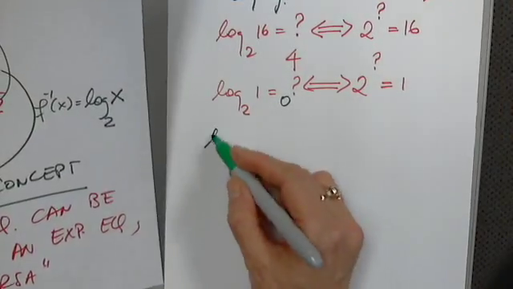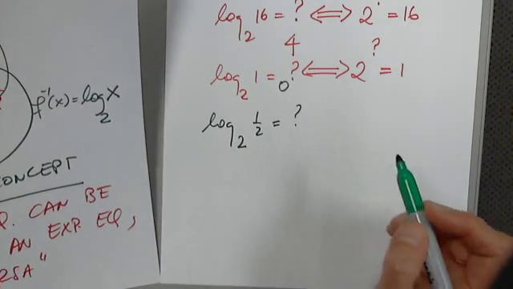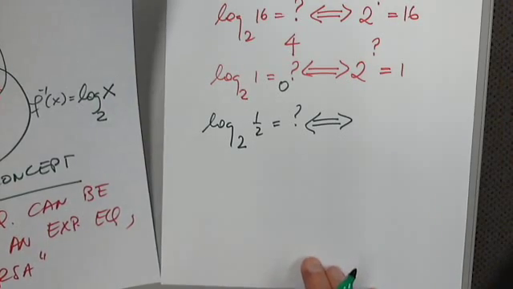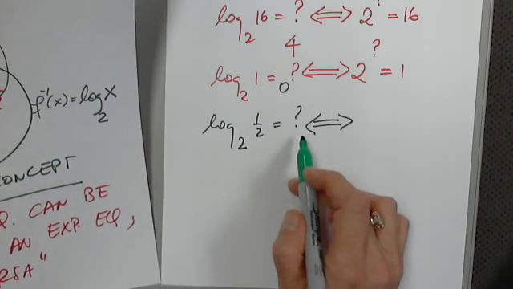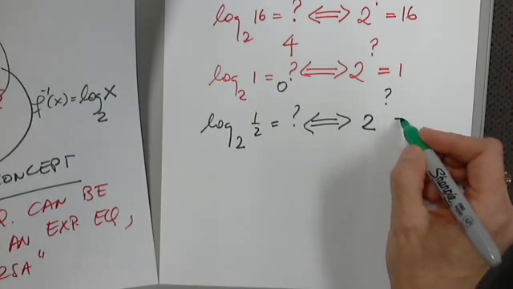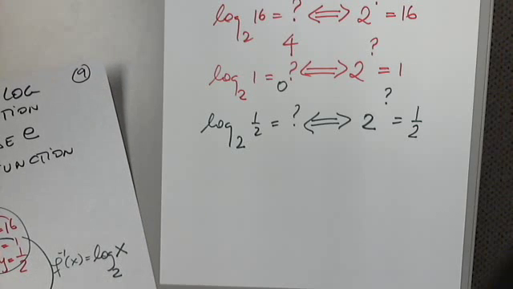Last one, log base 2 of 1/2. I have no idea what it is, but I know that I can change this into an exponential equation. Base raised to unknown equals 1/2. Remember, to change a number into a fraction, the exponent must be negative.